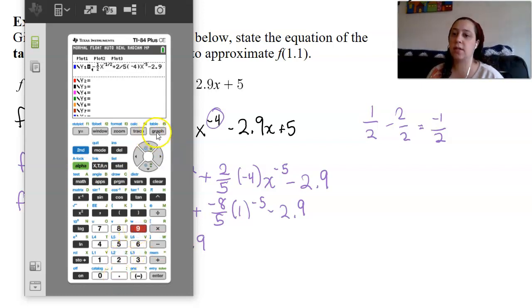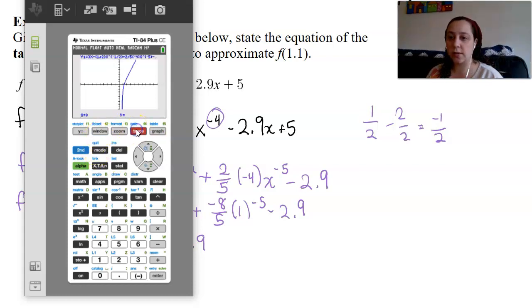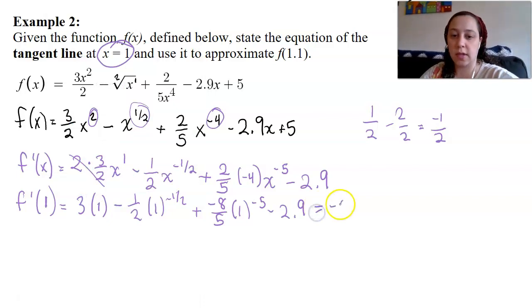So now this is in. I can press graph, and if I press trace and I put in 1, enter, oh, that evaluates to -2. This equals -2. So now I have my slope, I have my m.